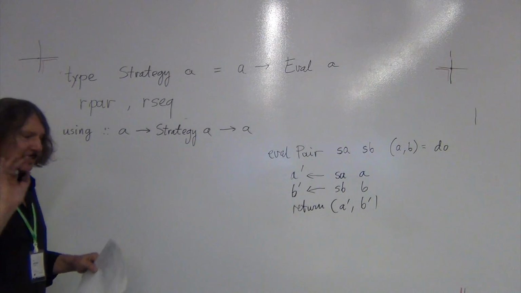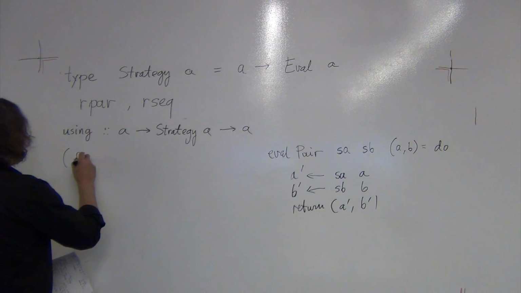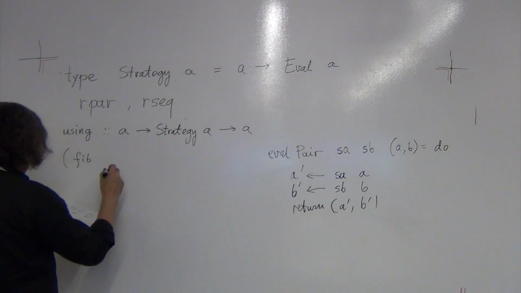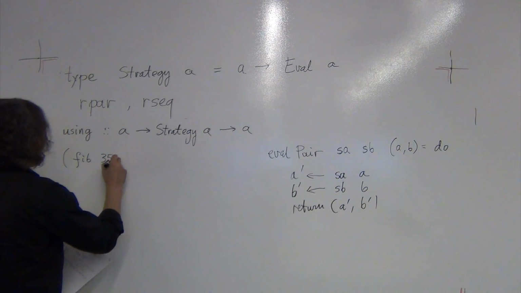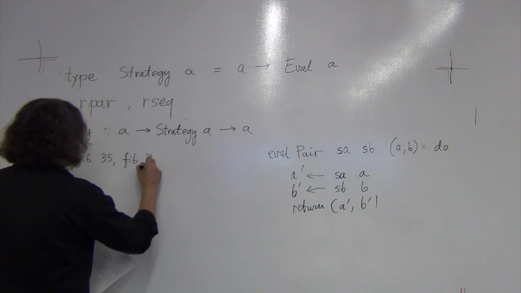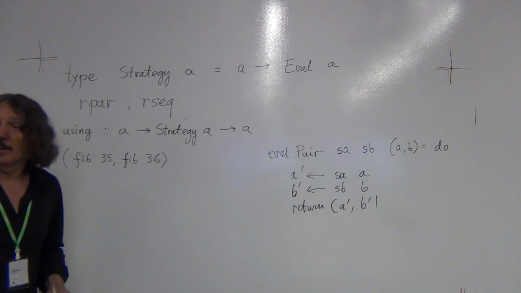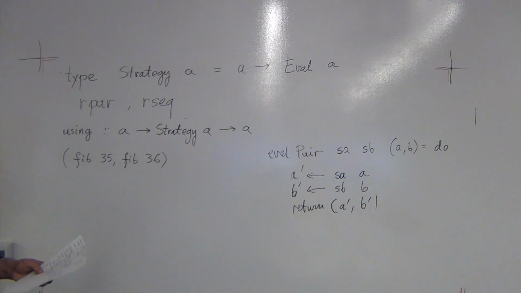And this just makes it really beautiful. It's like say, okay, I want to evaluate a pair of Fibonacci numbers, Fib 35 and Fib 36 as a pair. But I want to evaluate it in parallel.